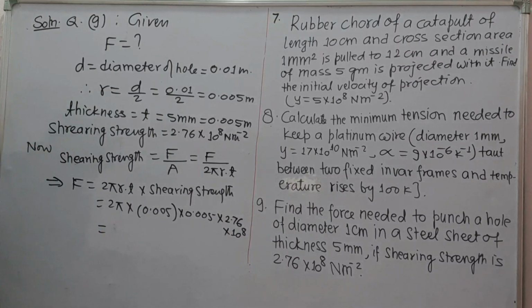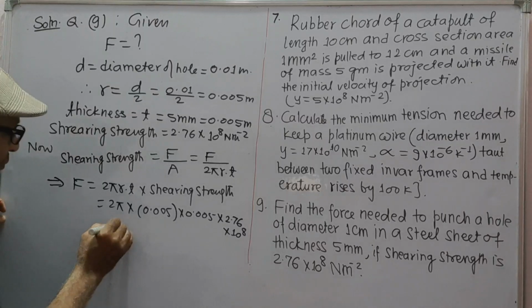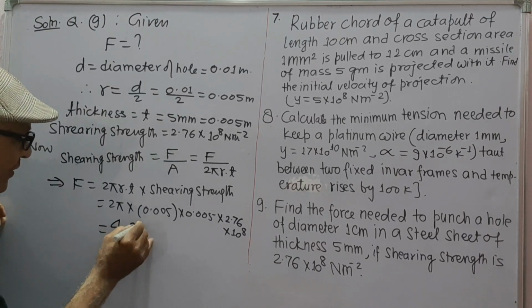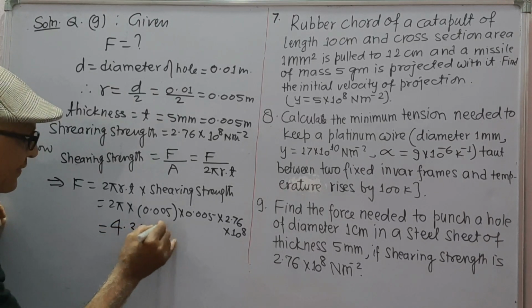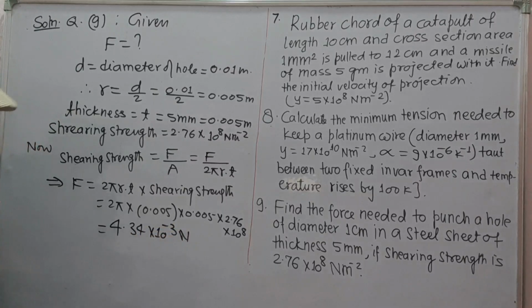On simplification, we get the force as 4.34 into 10 to minus 3 Newton.